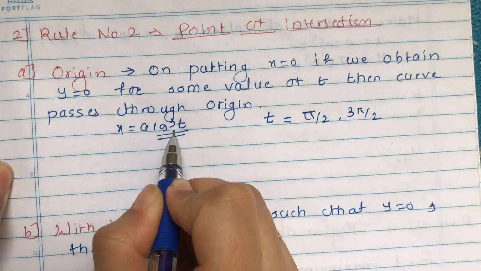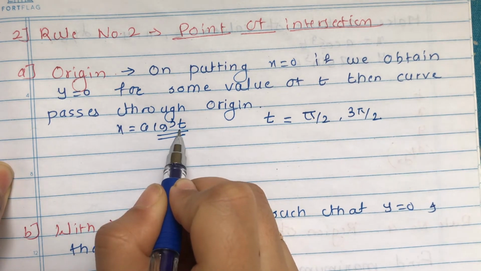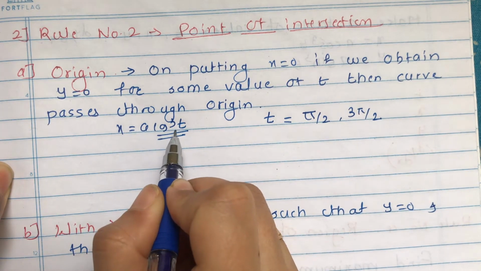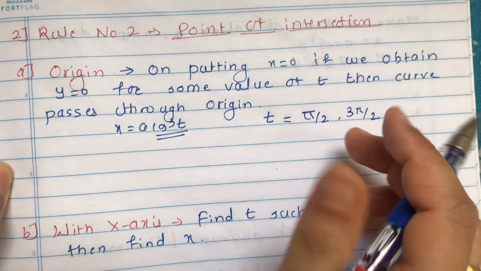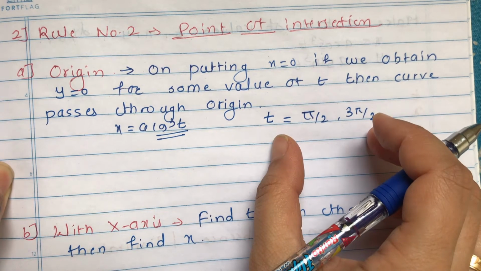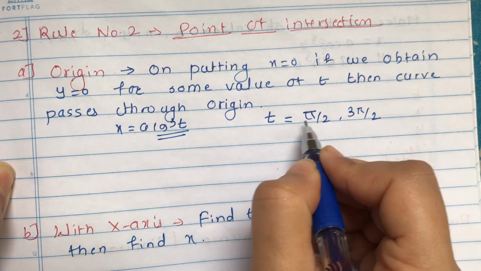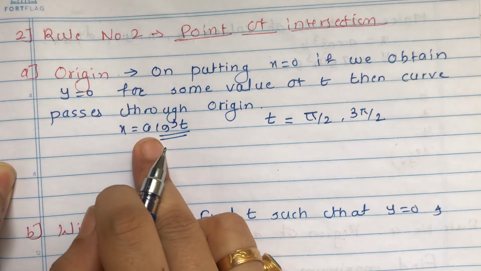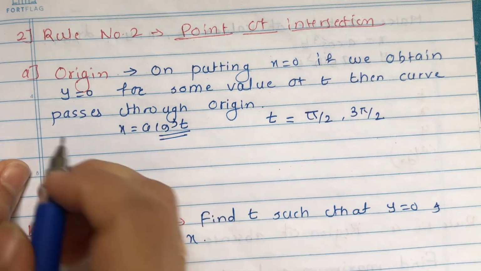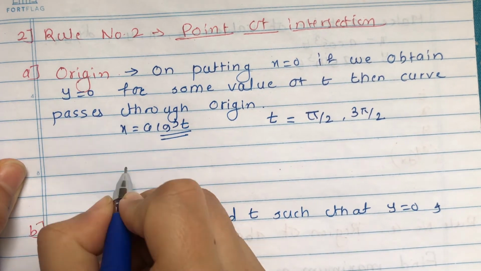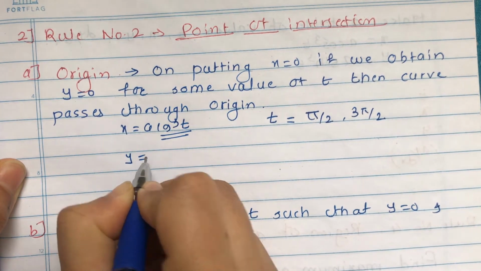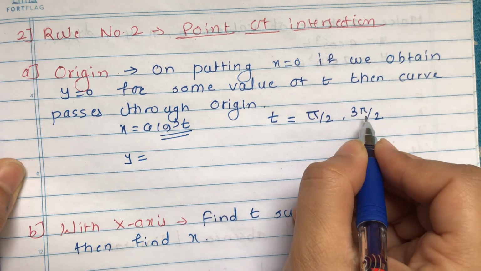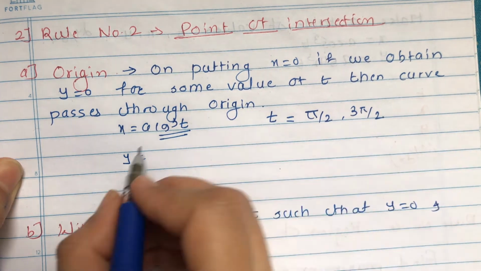See, this is a trigonometric function, cos function, right? And it has period 2 pi. So we will consider the values only in between 0 to 2 pi. So for t is equal to pi by 2 and 3 pi by 2, this becomes 0. Now we will check whether this y becomes 0 for t is equal to pi by 2 and 3 pi by 2.